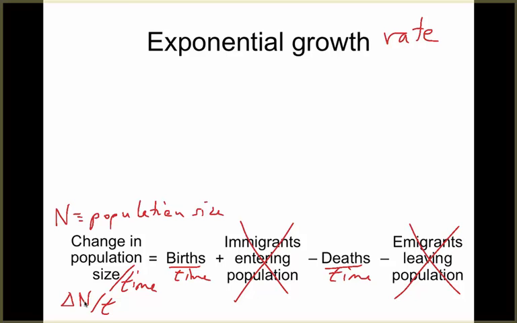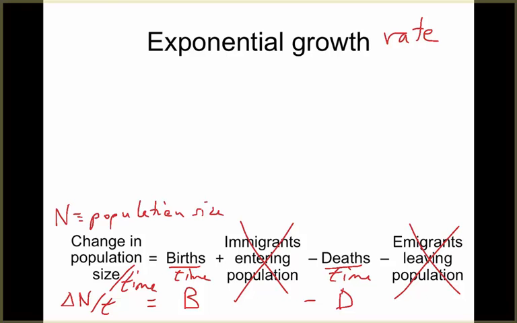So in the example that we just covered with the birds, then this would actually be 0. For births per unit time, we'll just use a capital B, and for deaths per unit time, we'll just use a capital D.